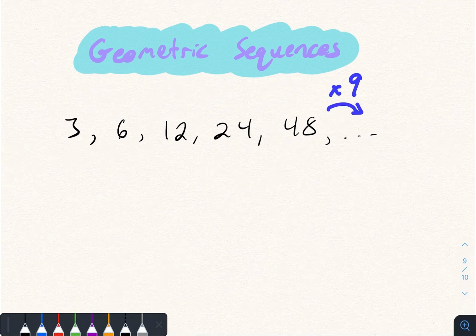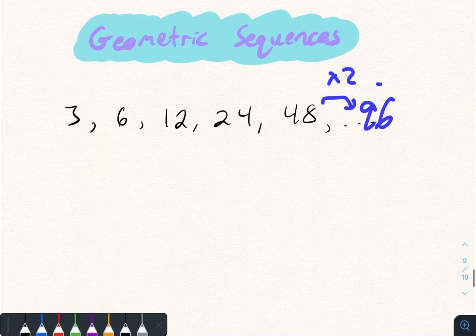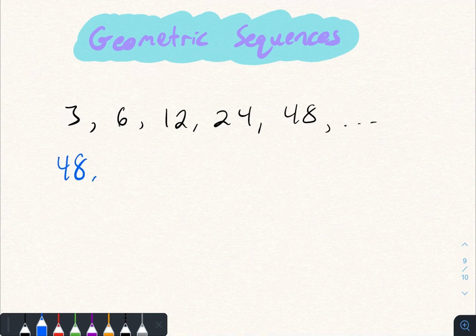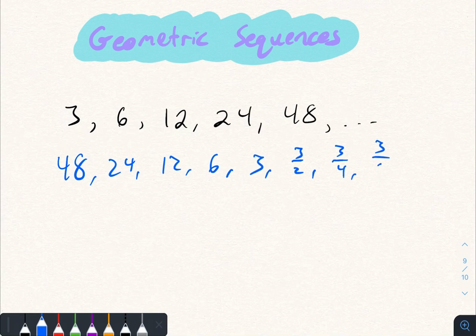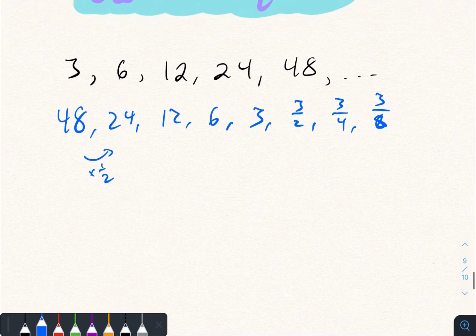So the next number in the sequence would be 96. Okay. And of course you could have division in here as well. So you could do 48, 24, 12, 6, 3, 3 halves, 3 fourths, 3 eighths, just repeatedly dividing by 2, because dividing by 2 is the same as multiplying by a half.